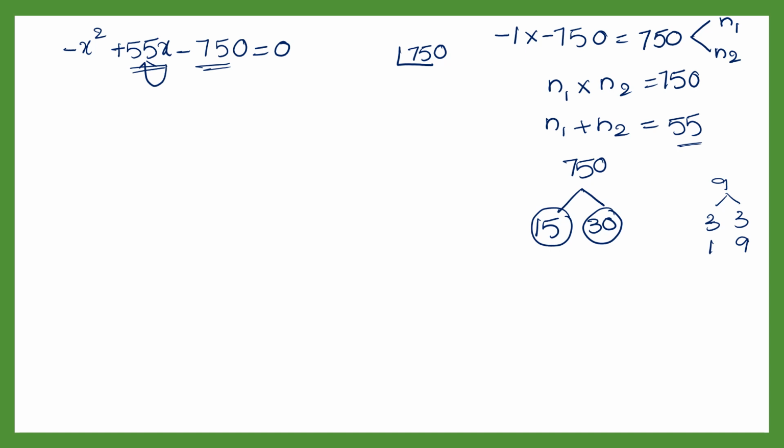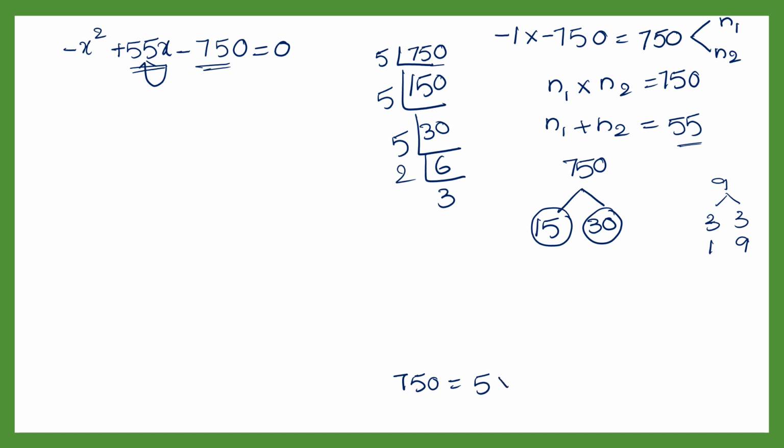But 750 is a big number, so to find two numbers is a bit difficult. That's why we will do prime factorization of that number. 750 is equal to 5 into 5 into 5 into 2 into 3.